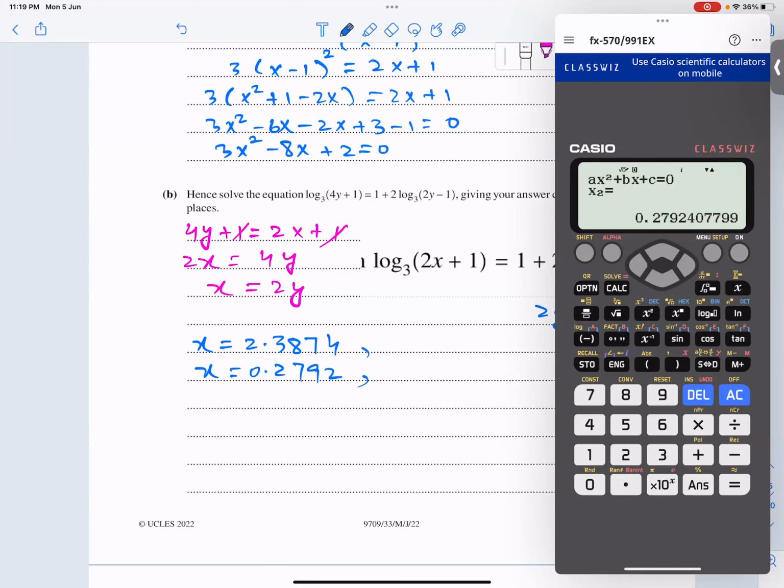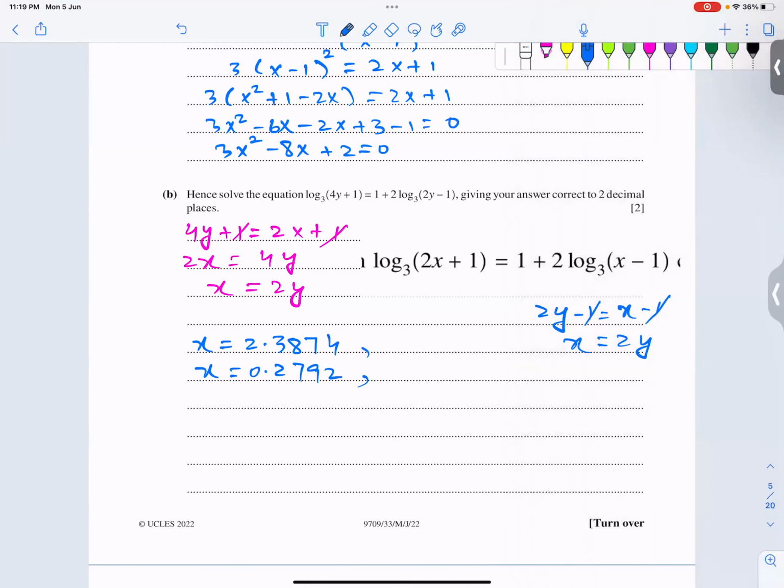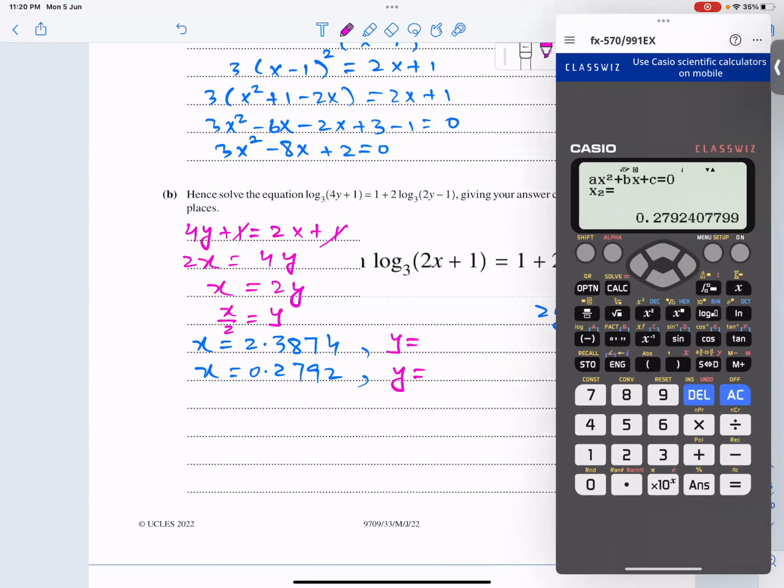When you convert these solutions to y, because we need the solution in y variables, you can see here that y is half of x. So y will be half of these two values.